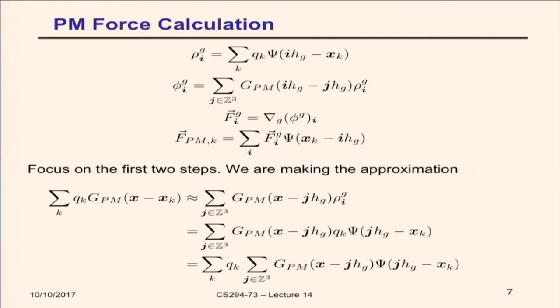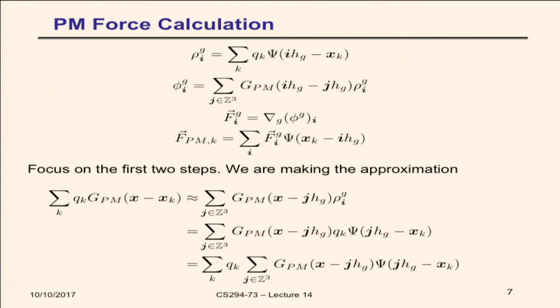First of all, how do you do the particle mesh force calculation? What you do is you say, I'm going to compute the charge over mass on a regular grid. So it's going to be this q sub k, which is the charge of your particle, times some function, which is capital psi of i times hg.